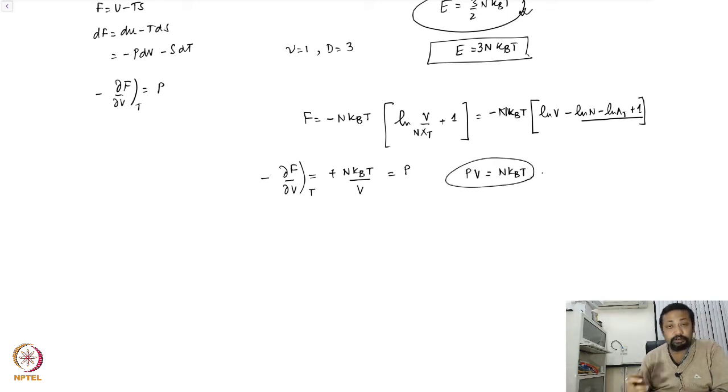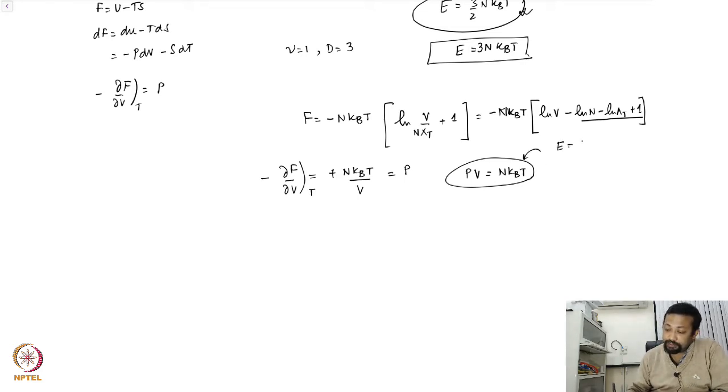Remarkably, it does not depend on whether it's an ultra-relativistic gas or a non-relativistic gas. It does not depend on nu, it does not depend on K, it does not depend on D. The pressure times volume is equal to nkBT. Where does the difference come in?